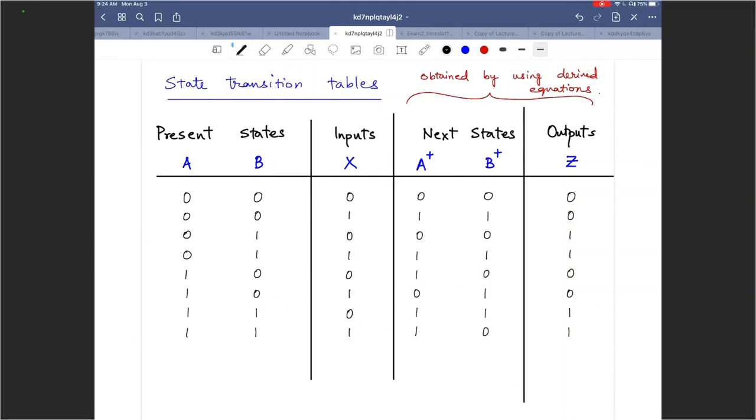Now we have a state encoded table. So how do you go from state encoded table to a state symbolic table? Well, you use symbols instead of states, right? So I'm going to associate states. For example, when you have 0, 0, I'm going to use that for state 0.